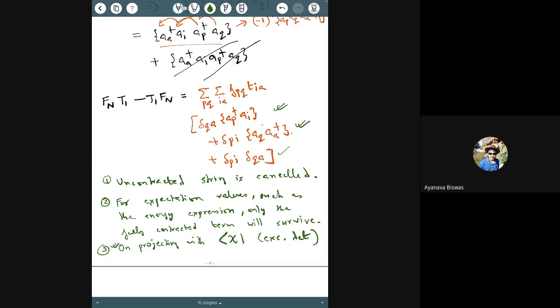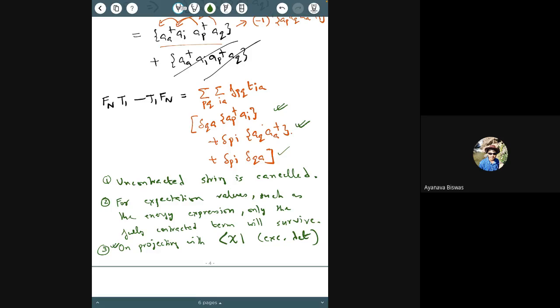The terms which have some operators, those are the ones which will potentially survive. Of course, depending on which excited determinant you project with, a subset of these terms will survive, because it depends on the actual index of the function that you're projecting.